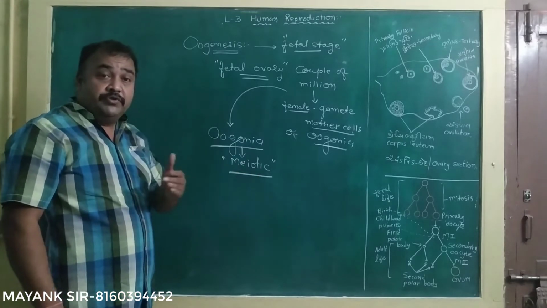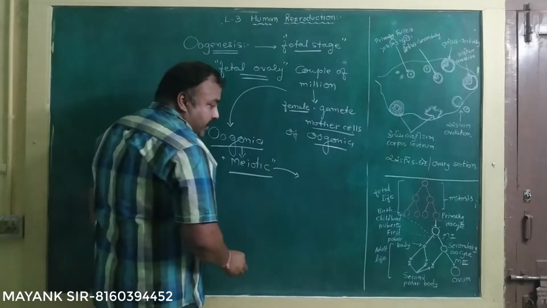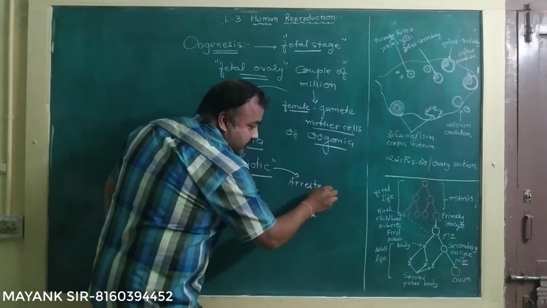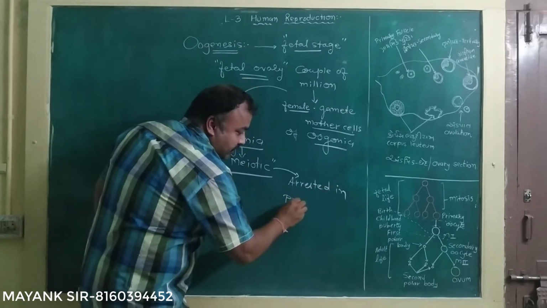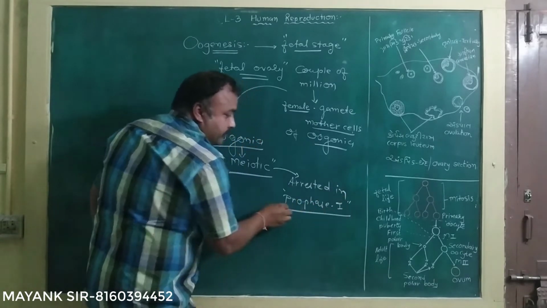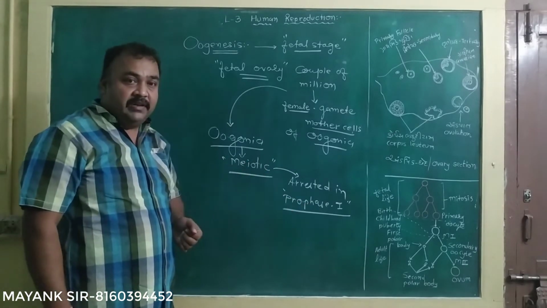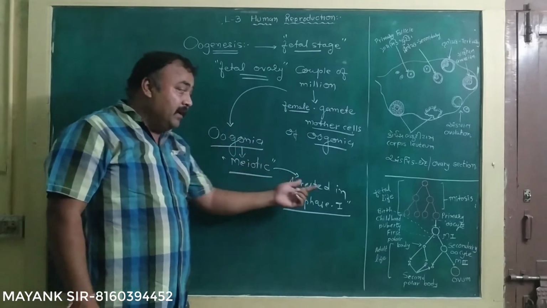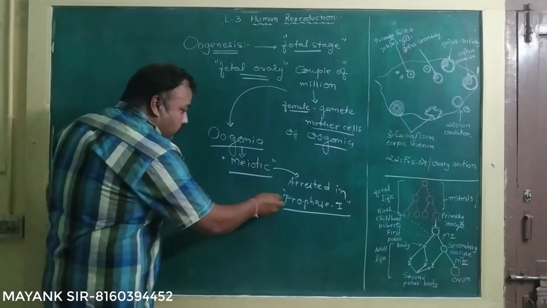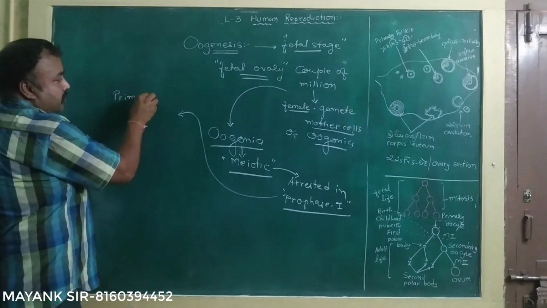Meiosis takes place in oogonia, and these oogonia become arrested in prophase 1. They will not move further in this meiotic division. The oogonia become arrested in prophase 1, and they are known as primary oocytes.